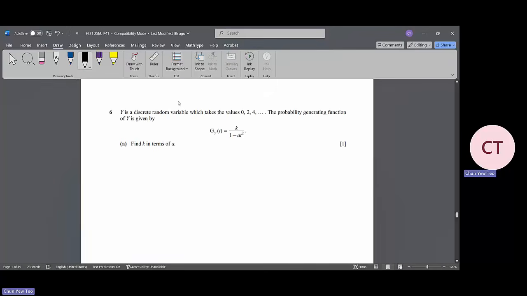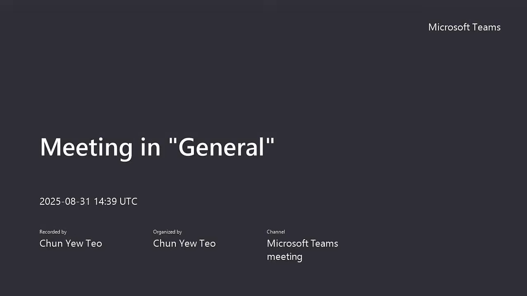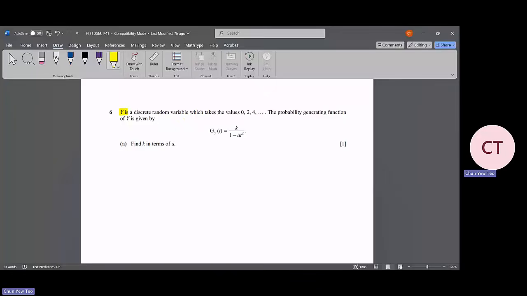Moving on, we have number 6. Y is a random variable which takes the values of 0, 2, 4, and so on. The PGF for Y is given as the following function over here.